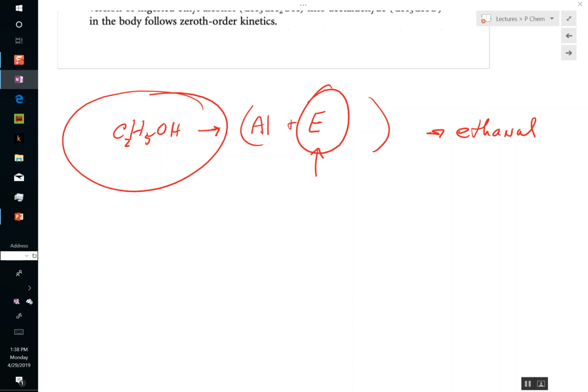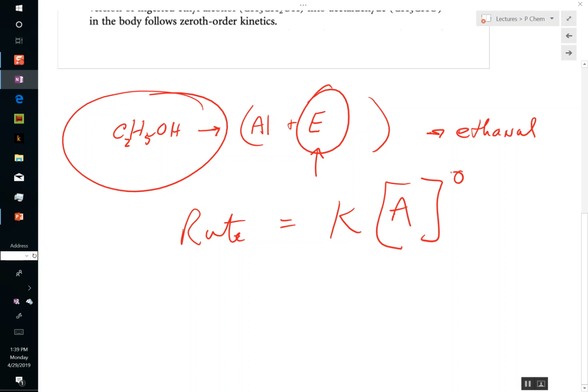As soon as that enzyme is available, it's converting it. So it's going at a constant rate. So the rate is equal to k times this to the 0 power.